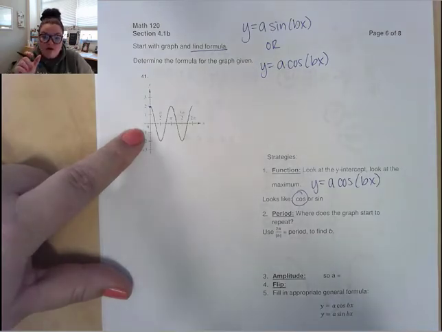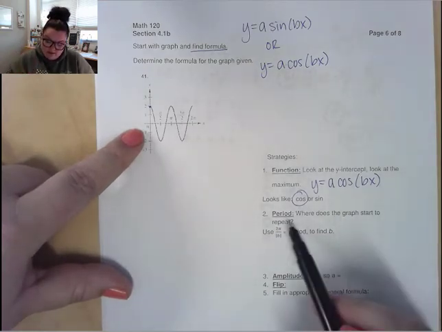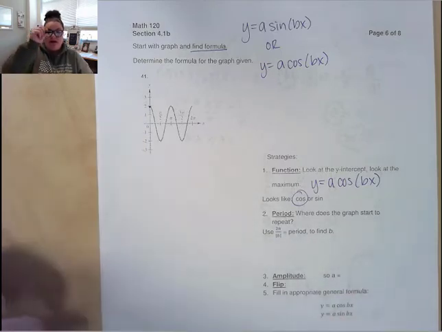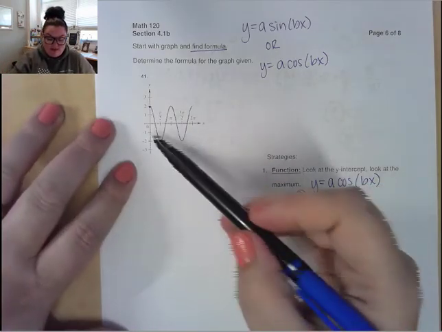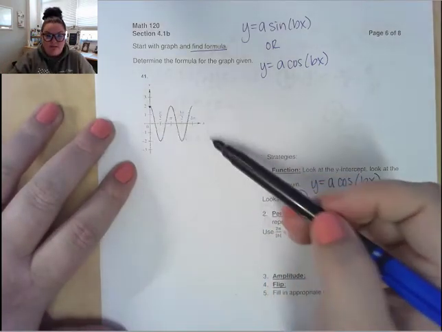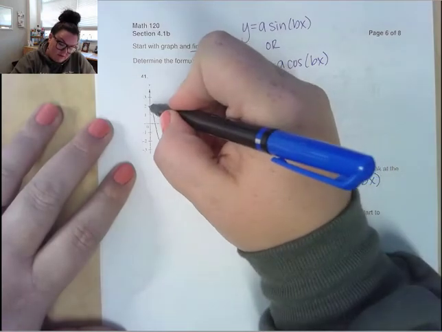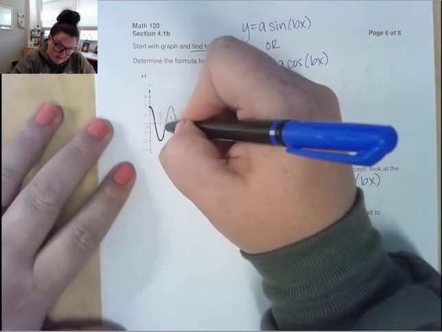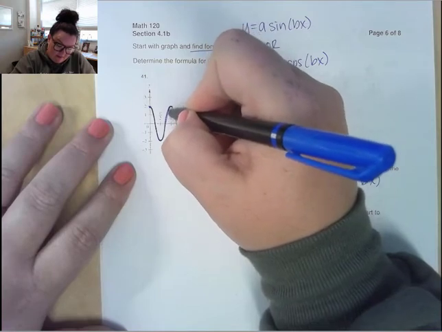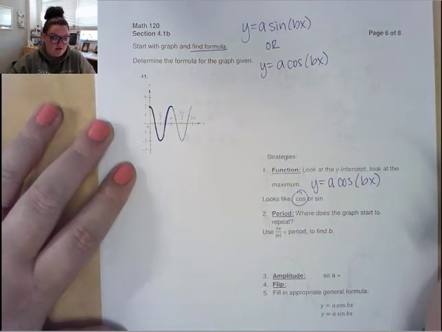Now I want to look and see the period. So remember, the period is how long it takes to make one cosine cycle, one little cosine curve. So this has obviously more than one. It's making a W. So remember, a cosine curve starts up, it goes down, and then it ends back up. So that's one cosine curve.